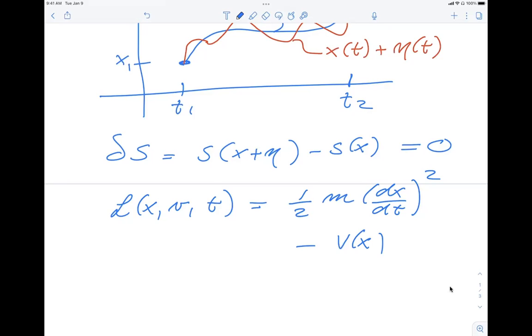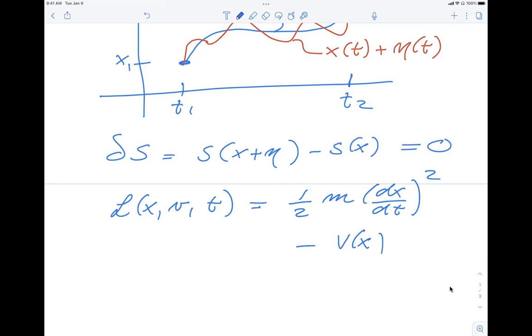So we're already assuming now that we have a potential energy which depends only on the position. As I said, this kind of formalism is very much tailored to potentials which depend only on the position. And this leads normally to energy conserving forces.